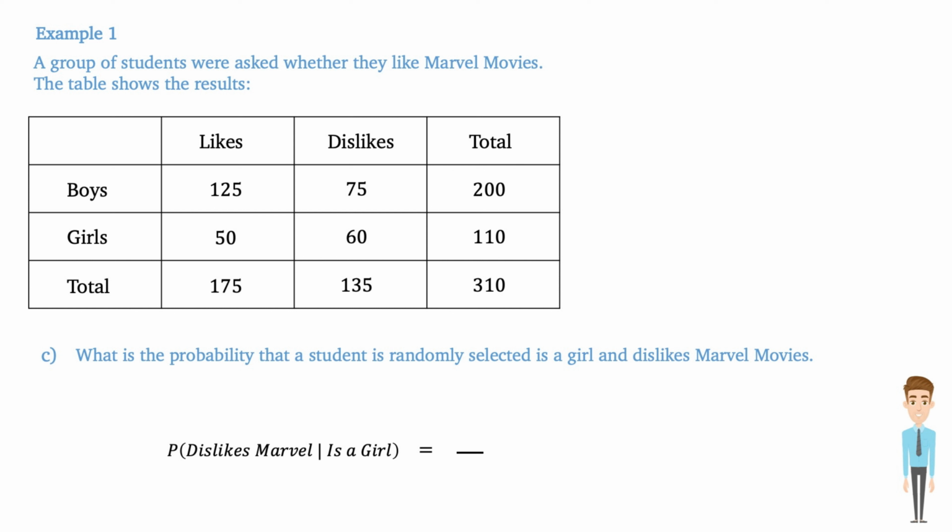So setting up the fraction, for the denominator, it's the total number of girls, which is 110. Now for the numerator, this is the outcomes we're interested in, which in this case is girls who dislike Marvel movies, which is 60. Simplifying the fraction, we get 6 over 11.